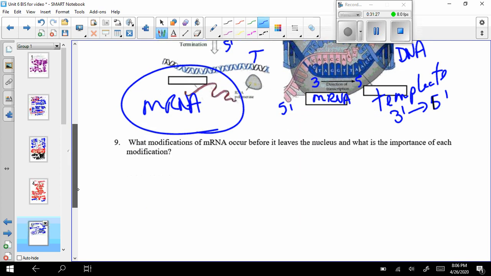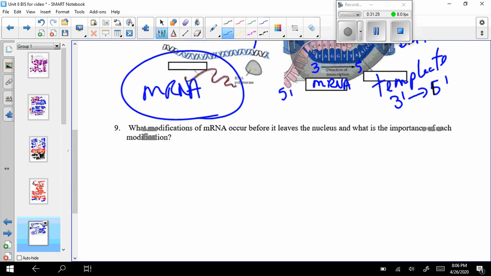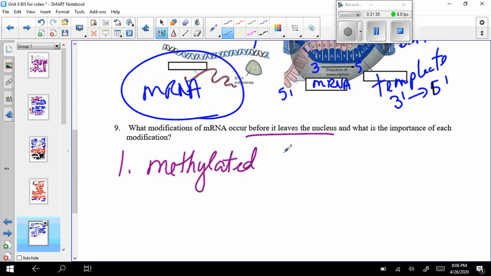So the next question is, what are those modifications of RNA that have to be made before it can leave the nucleus? So the first step is that it needs a methylated GTP. It is a 5' cap. And it does have guanine on it, and it does have 3 phosphates, guanine triphosphate.